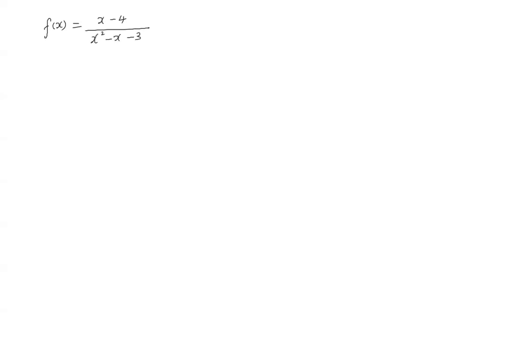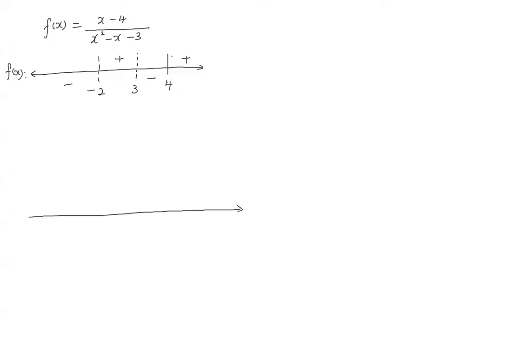And the sign diagram for f(x), we go in this way: 4, 3, -2, plus, minus, plus, minus.